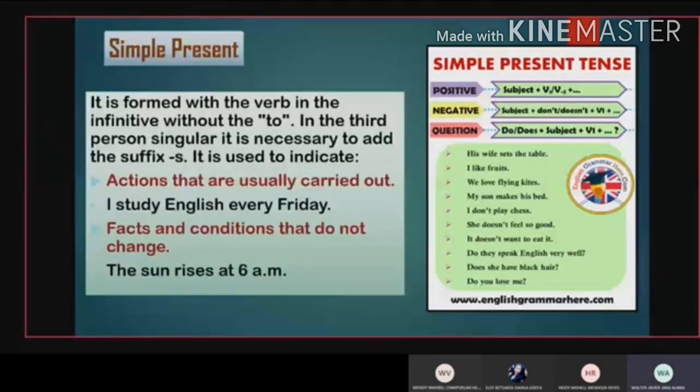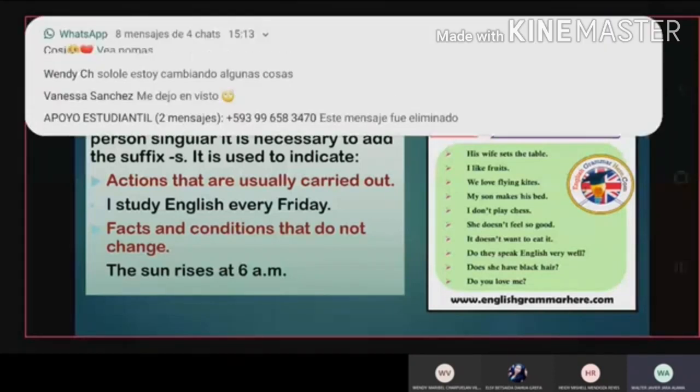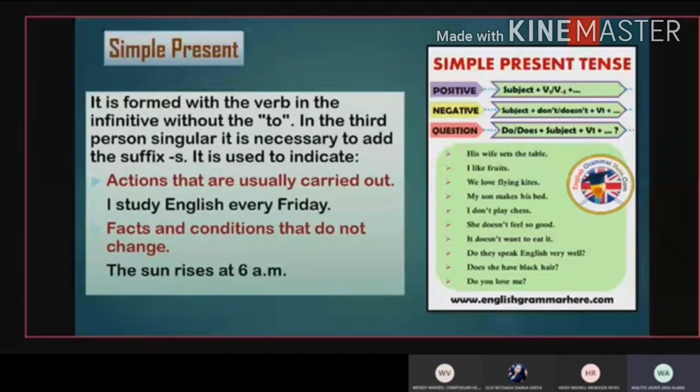Good afternoon. I'm going to explain about the verb tenses. Simple present. It is formed with the verb in the infinitive without the to. In the third person singular, it is necessary to add the suffix s. It is used to indicate actions that are usually carried out. For example, I study English every Friday.